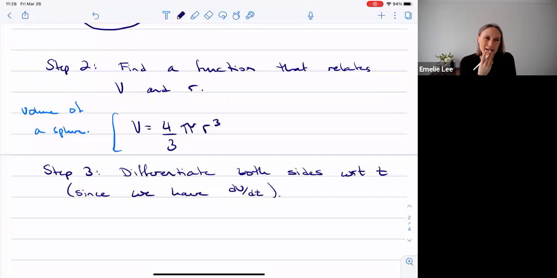So, we want to differentiate both sides with respect to t. There are no t's in here, right? So that means that we're going to be using implicit differentiation throughout. The radius is changing with respect to time, the volume is changing with respect to time, but it's all implicit.